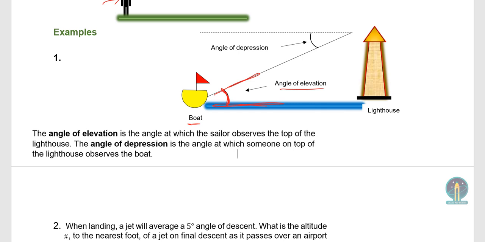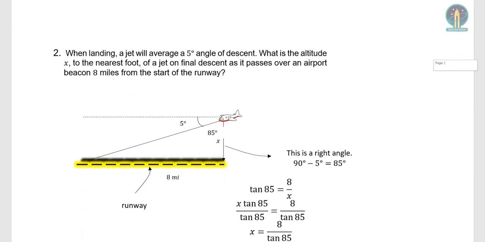The angle of depression is the angle at which someone on top of the lighthouse is observing the boat. This is the angle of depression between the horizontal of the person on top of the lighthouse and the line of sight between that person and the object at sea level, which in this case is the boat.